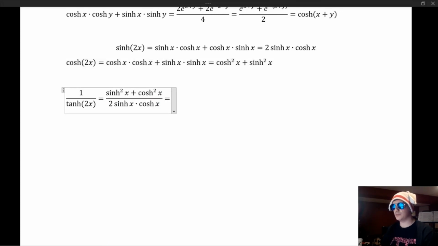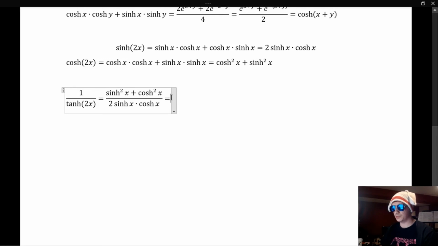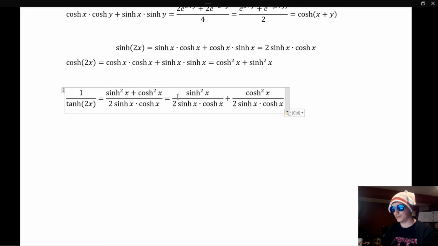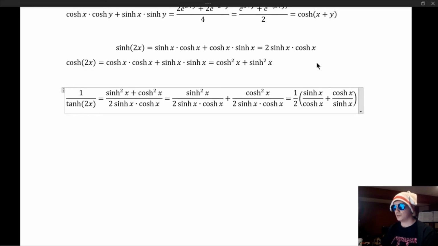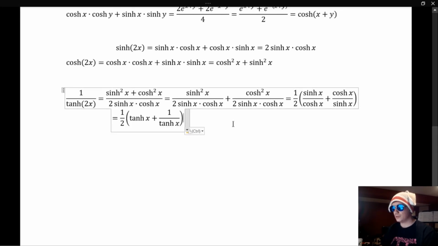This is equal to, we're simply splitting up the fraction here into sinh squared x and cosh squared x, which is equal to, we factor out the 1 over 2, sinh x over cosh x plus cosh x over sinh x. And this is all tanh x plus the reciprocal of tanh x.